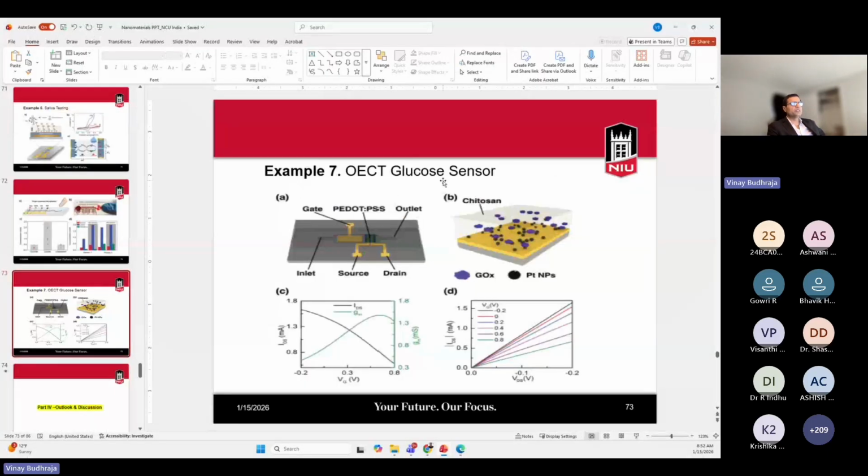This is the OECT-based glucose sensor. Again, it's a simple structure based on the microfluidics, and people have taken samples from saliva. You can take samples from saliva, urine, or sometimes human sweat. That gives rise to different detection mechanisms, and they are being quite used in many different applications.